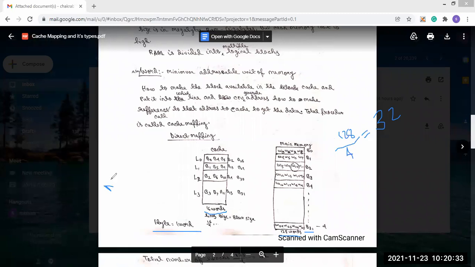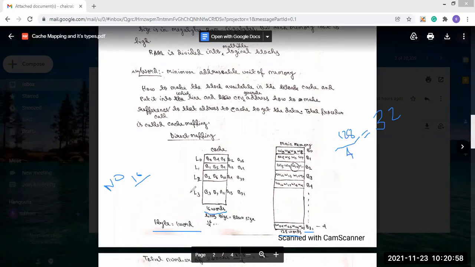From here, the number of lines in the cache will be 16, and we are considering each line can accommodate 4 blocks, because one block will be transferred to our line, and the next block will be transferred to the next line of the cache.